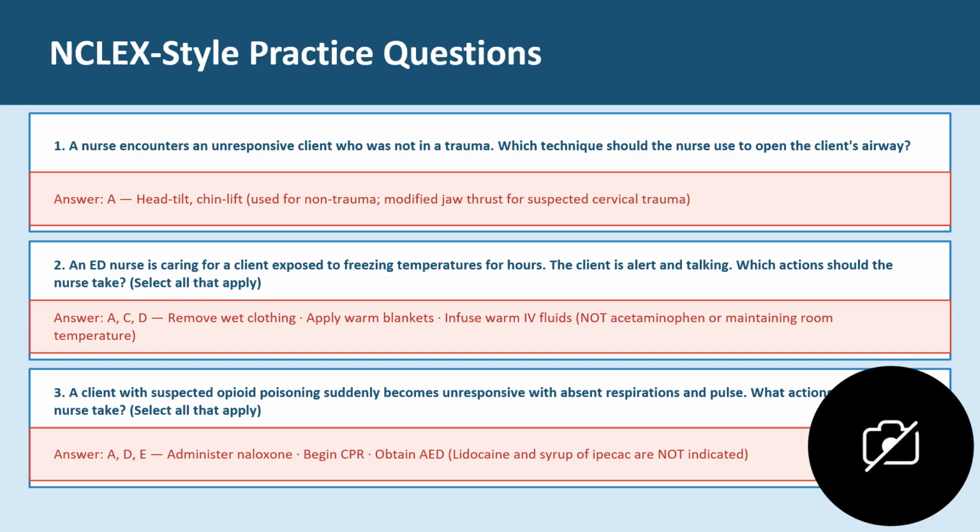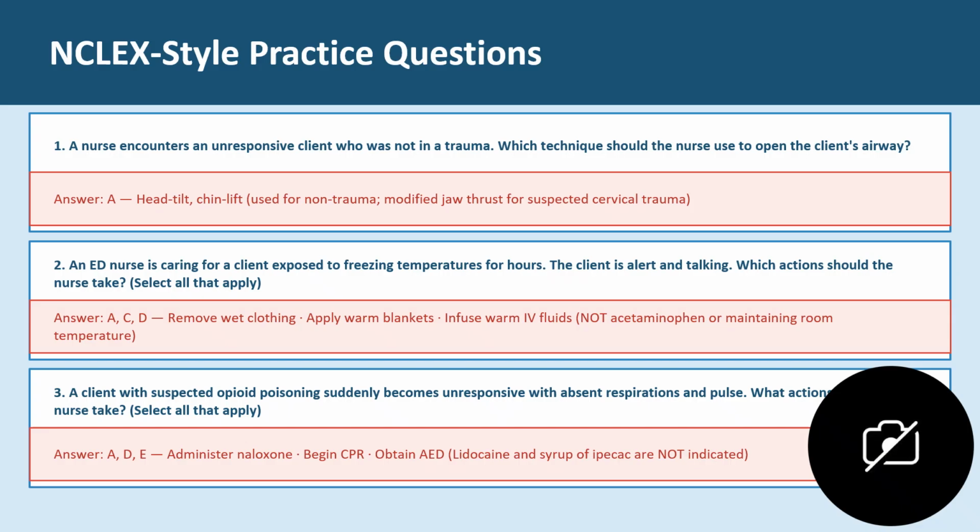The answer is head tilt, chin lift. This is used when there is no suspected cervical trauma. But modified jaw thrust is reserved for trauma patient. So always remember, modified jaw thrust is for trauma patient. And for the non-trauma patient, the answer is always head tilt, chin lift maneuver.